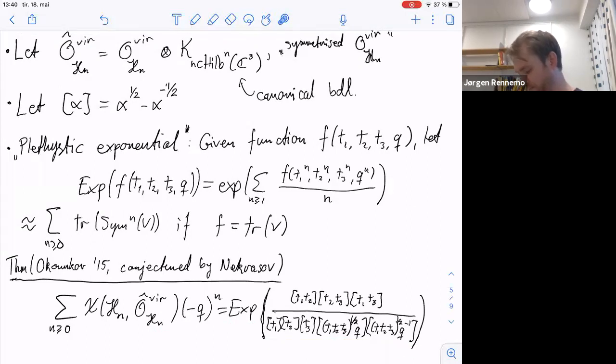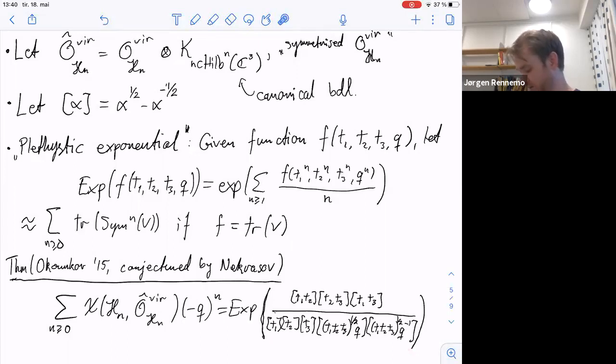At least from one perspective, this is saying that there is some more fundamental quantity here, the exponent, from which you can extract the Euler characteristics of these symmetrized virtual structure sheaves, their generating function.